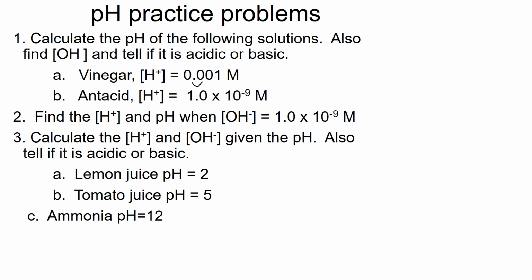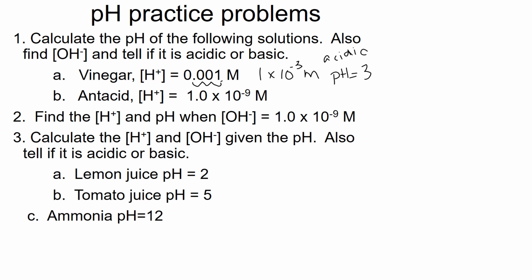So reviewing that, I'm going to move the decimal to here. So I'm going to call it 1 times 10 to the minus 3 molar. And now that it's in that form, we can see that the pH equals the exponent, which is 3. So now we can tell if it's acidic or basic. pH 3, that's acidic.